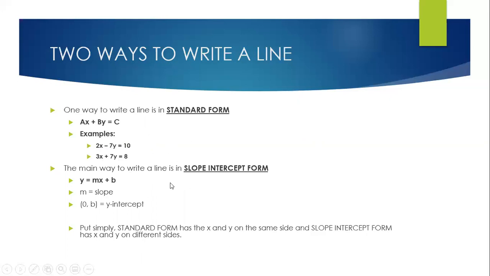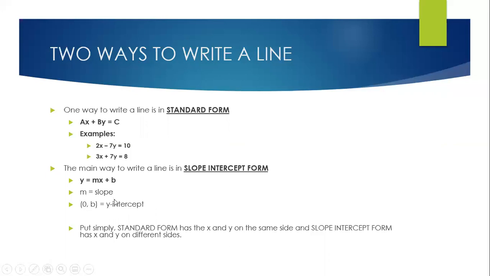The second way, the main way that we write a line, the way that's most useful to us, is called slope-intercept form. That is y equals mx plus b, where m, as it generally does, equals slope. When we say m in math, 90% of the time we're talking about slope.